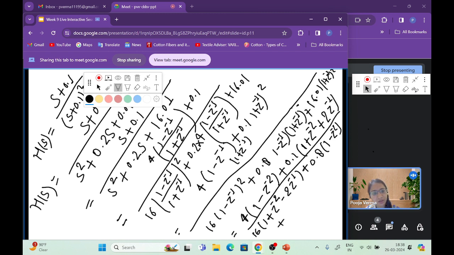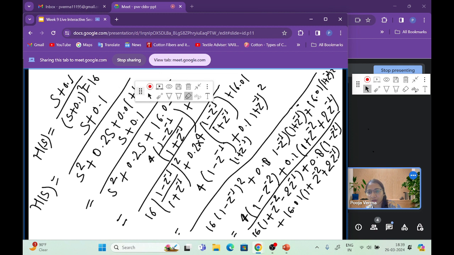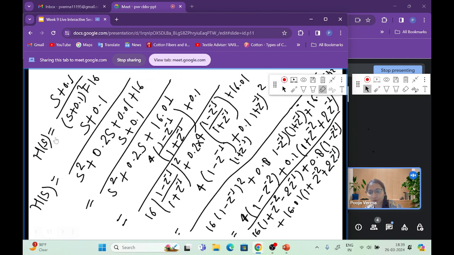And after that, from here 16.01, 1 plus z inverse whole square. If you open, that is 1 plus z to the power minus 2 plus 2 z inverse. Okay, so now again we need space, so I am removing from here.